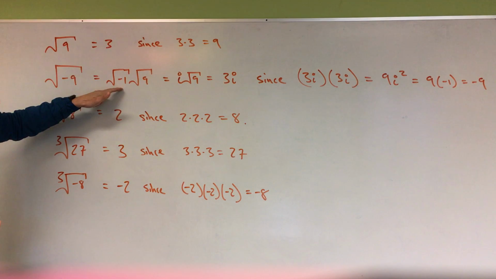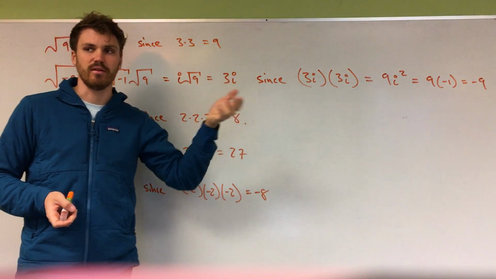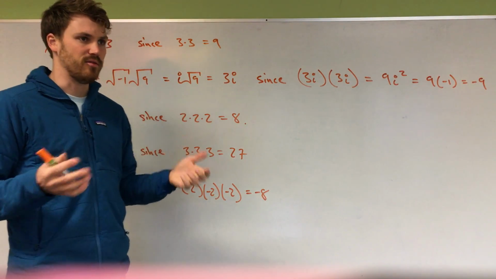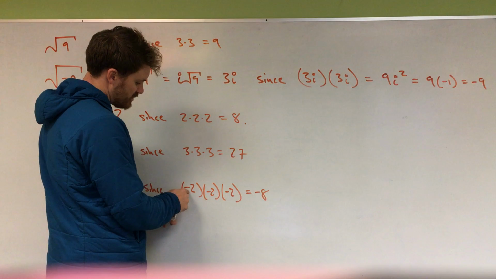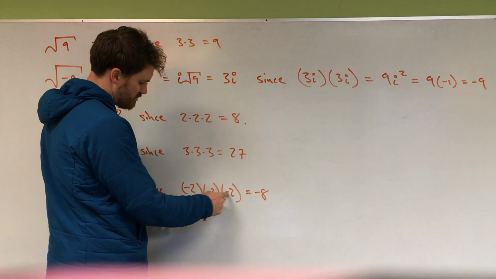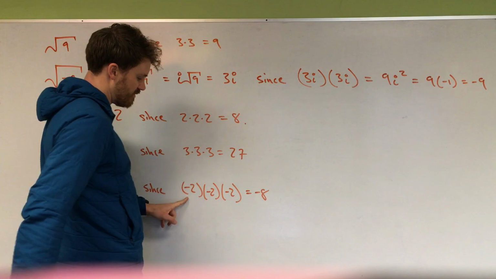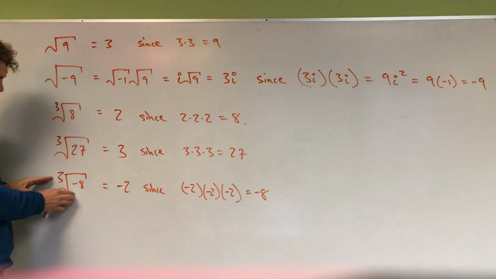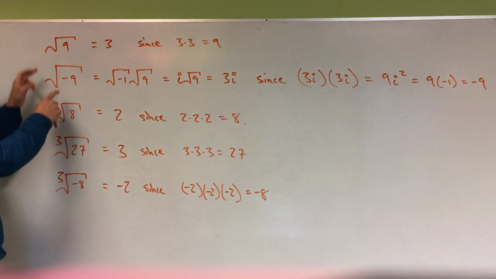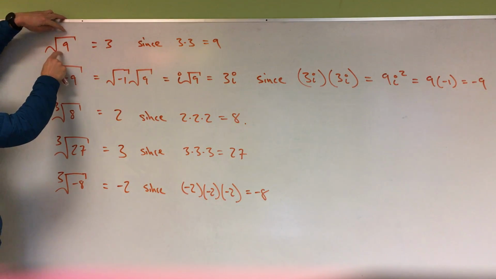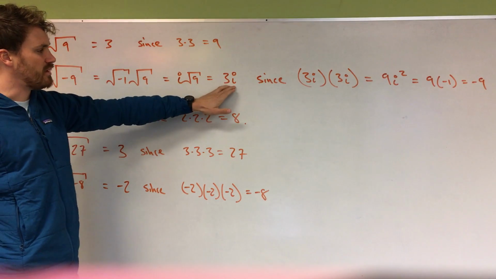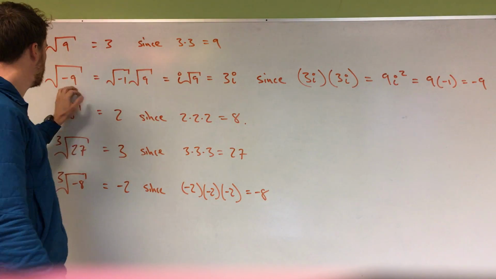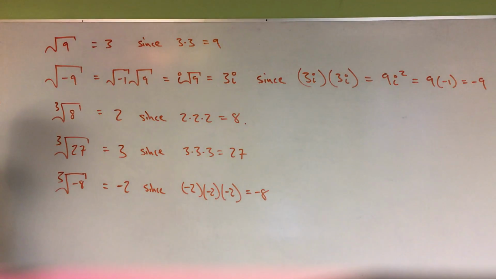The reason is that no real number multiplied by itself gives you a negative. But when you're multiplying 3 things, you have the opportunity to have 3 negatives, and then you can get a negative out. So you can take the cube root of any number. Square roots, you can only take of positives if you want them to be real. If you don't mind them being imaginary or complex, you can take a square root of a negative as well.